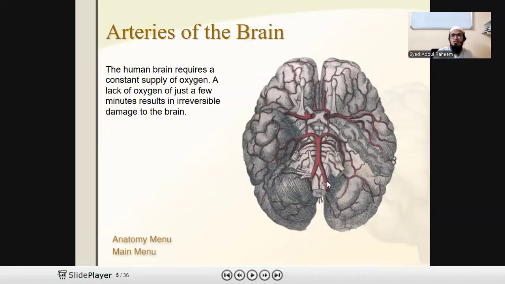You can see the supply to the brain. Large arteries are there, we call the circle of Willis. If the oxygen supply to the brain is reduced for a few minutes, what will happen? The brain cells will be permanently damaged.